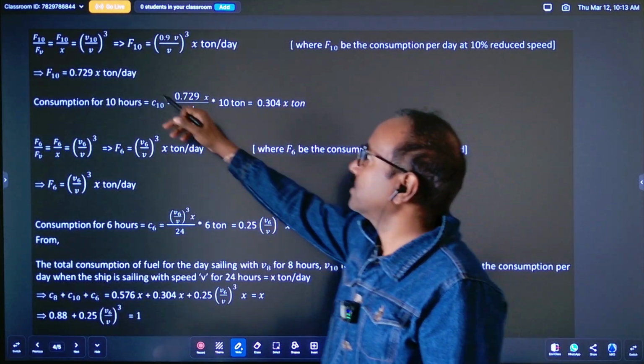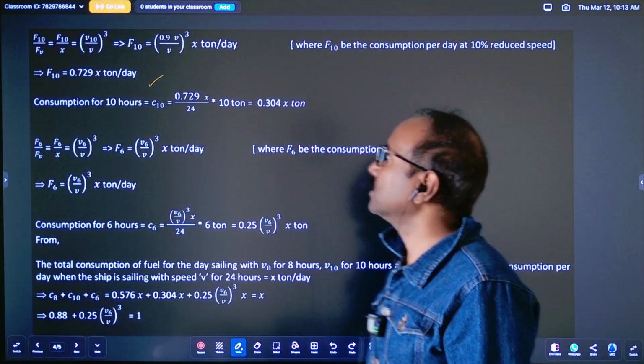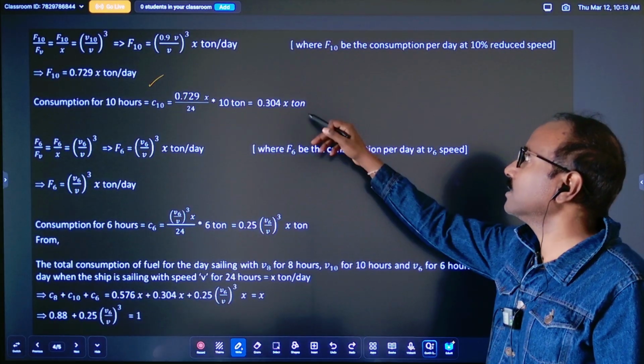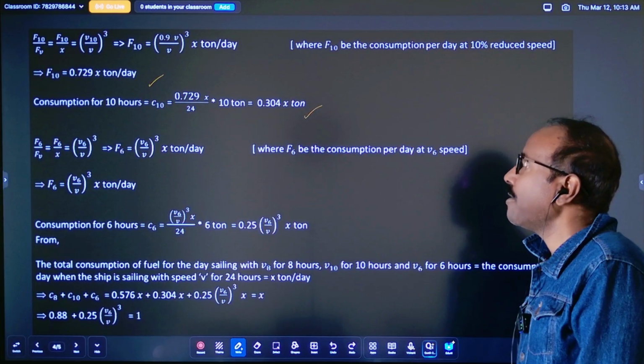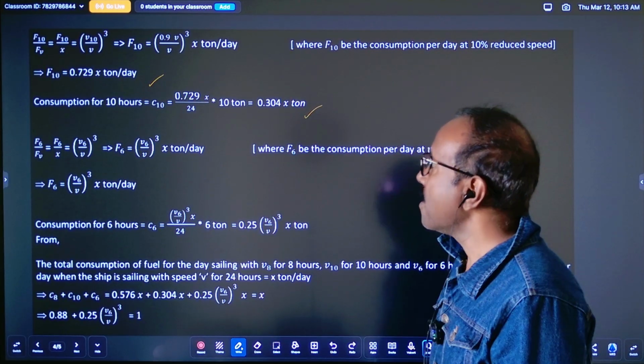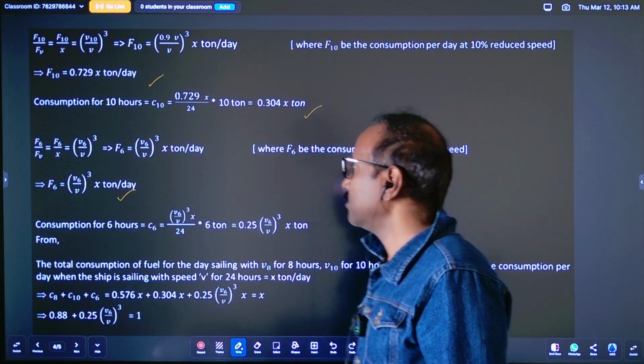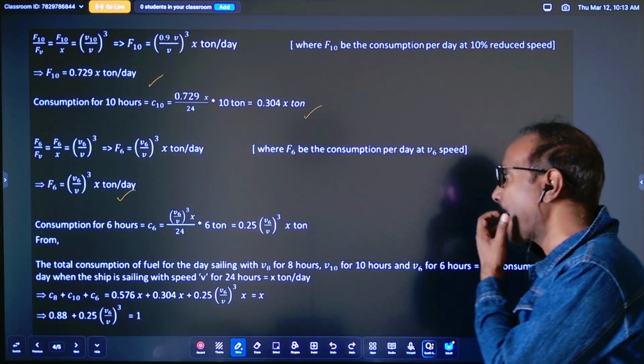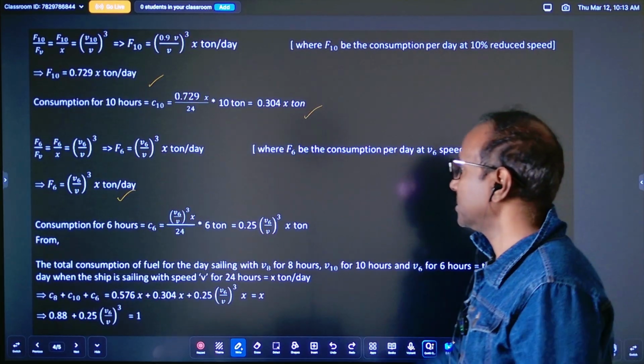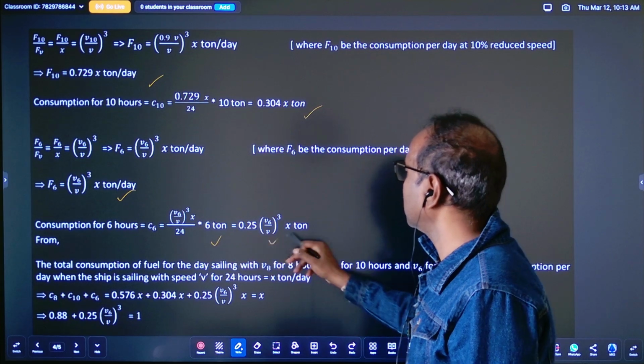Same way for F10 you get this one. So for 10 hours you'll be getting this. F6 we got this much in terms of V and X. So C6 will be this.